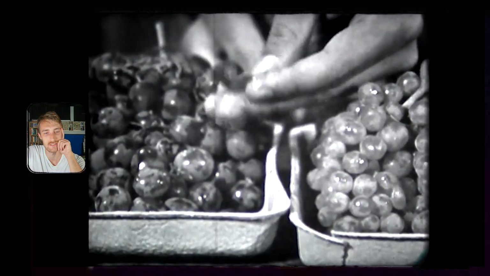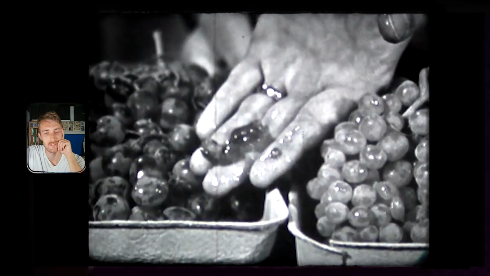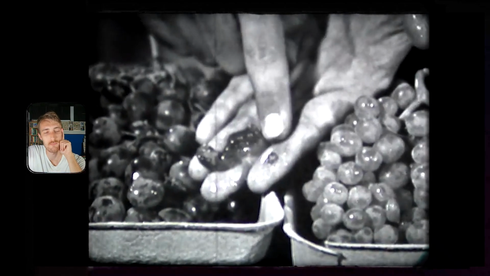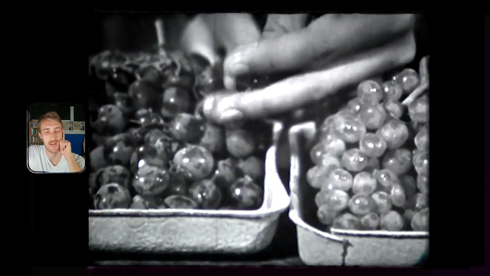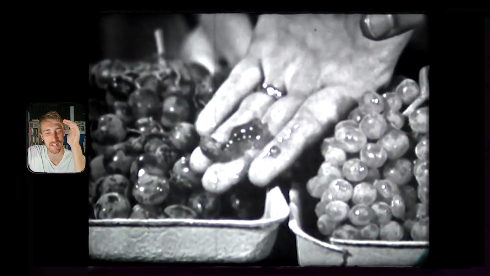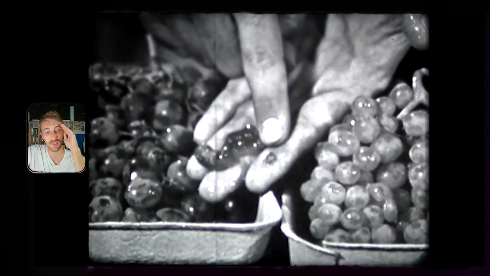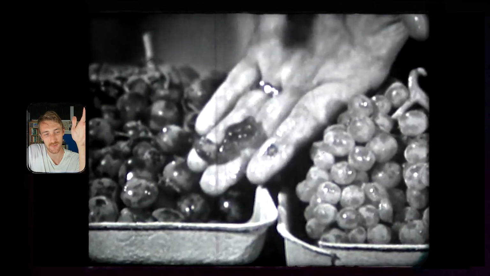crush it here, does have seeds. There's one. See, I really hope some people are learning for the first time that grapes used to have seeds in them. I feel like some people might not even be aware of that. Can you see it? So that does make this kind of interesting to be learning.